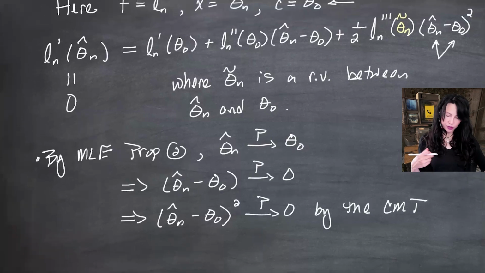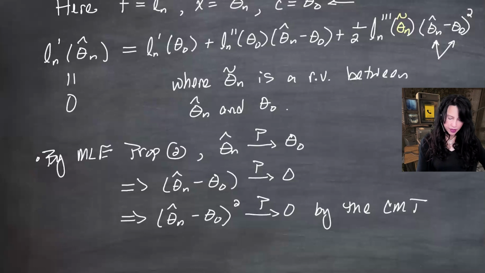So if we go back up to the top line here, this is going to 0, but I can't say the whole term is going to 0 because I don't know what's happening here yet. This one is also going to 0, and we're going to talk about what's happening here. And this last one over here is going to 0 faster than this one. So I am about to do a little hand waving about things getting negligible faster than other things getting negligible.